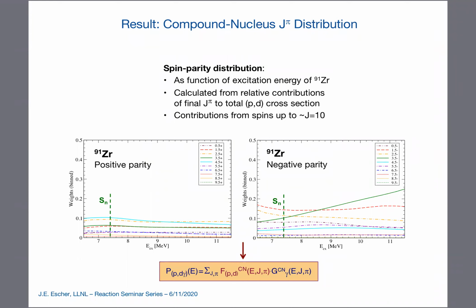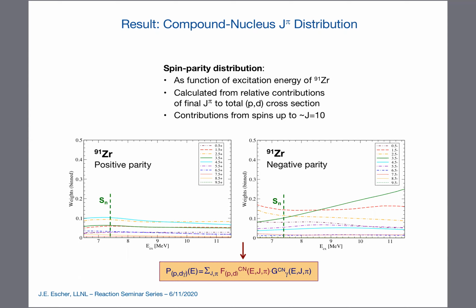I have all the positive parities on the left-hand side and the negative parities on the right-hand side. And so that is the spin distribution. And we see it varies very smoothly in that energy regime near the neutron separation energy. So what that gives me now is that F that I mentioned earlier that I need in order to move forward with the analysis.